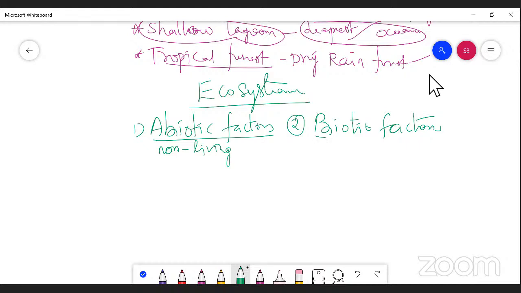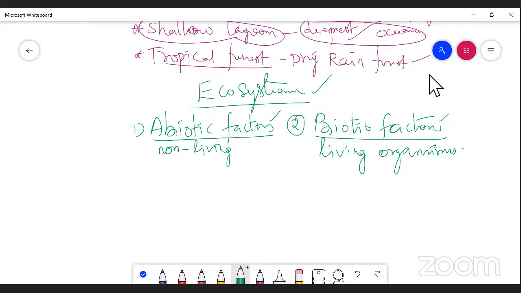The other one is biotic factors, which means living organisms. The living organisms are otherwise called biotic factors. So an ecosystem includes two communities, I mean two objects: one is the abiotic factors, the second one is biotic factors.